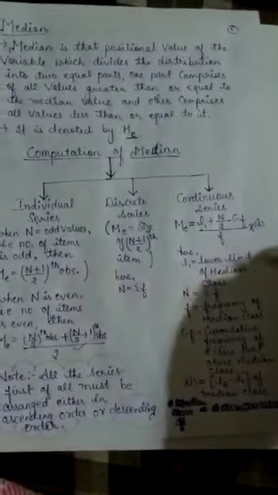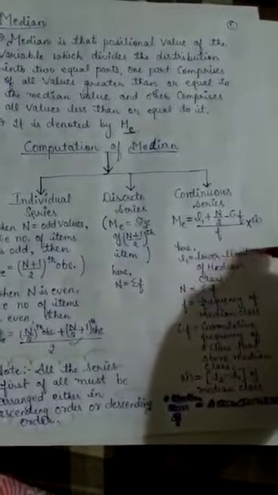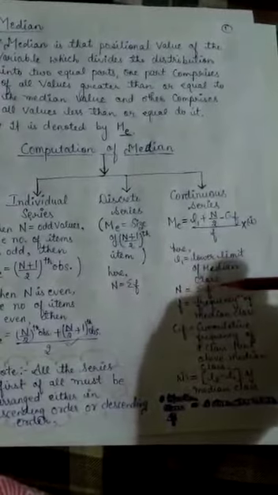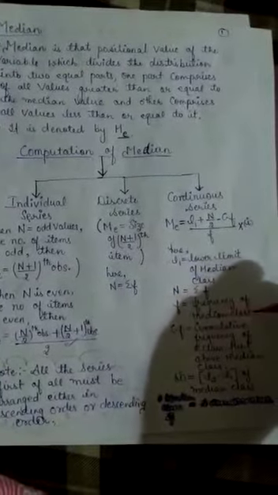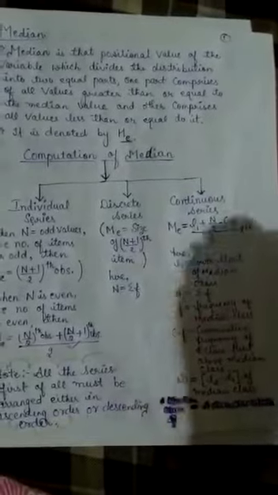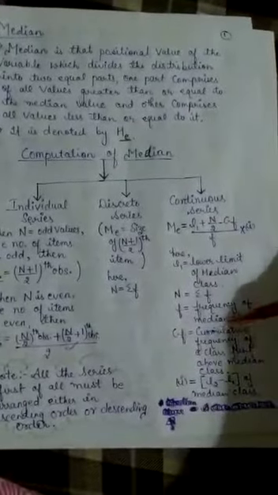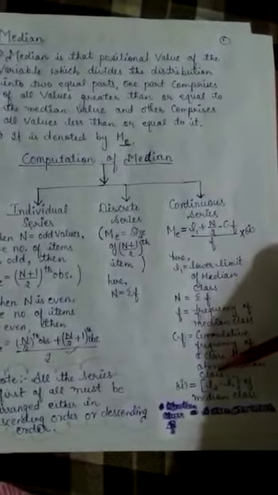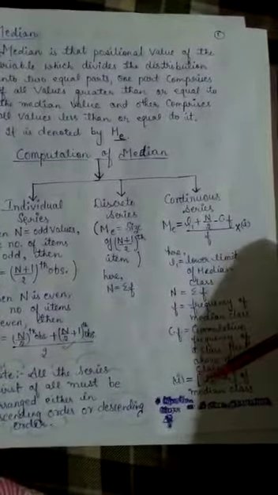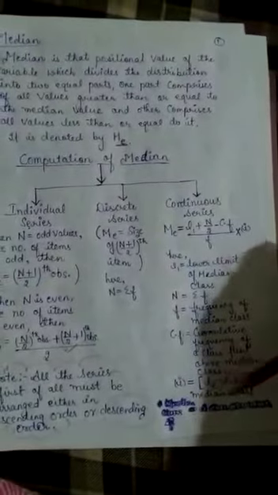These are the descriptions. L1 is the lower limit of the median class, n is equal to sigma f, f is the frequency of the median class, and Cf is the cumulative frequency of the class just above the median class. And what is i? L2 minus L1 of the median class.